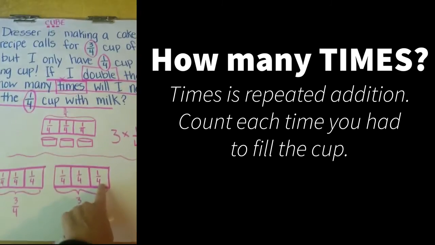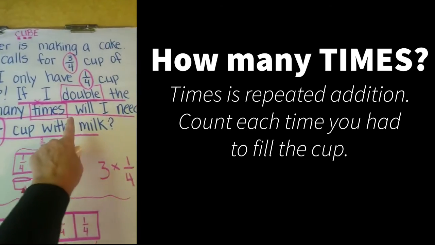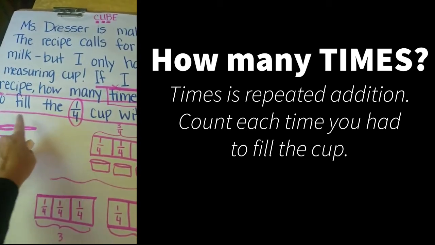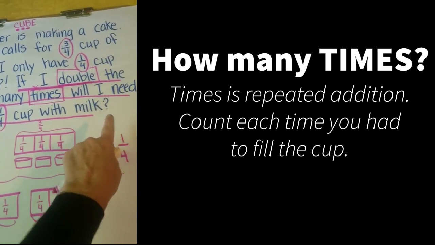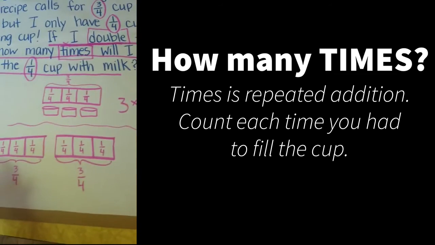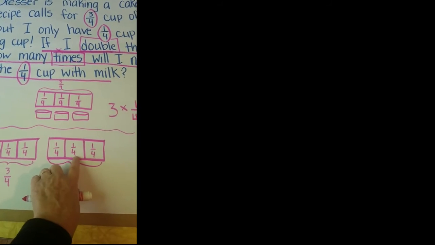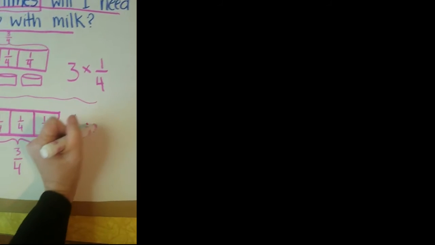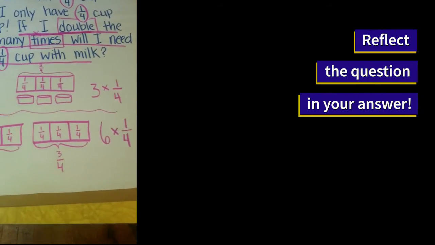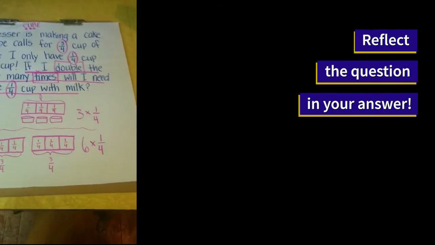So the question is, how many times will I need to fill the 1/4 cup with milk? How many times do I have to fill it up? 1, 2, 3, 4, 5, 6. 6 times 1/4. So my question is, how many times will I have to fill it? The answer is a full sentence.